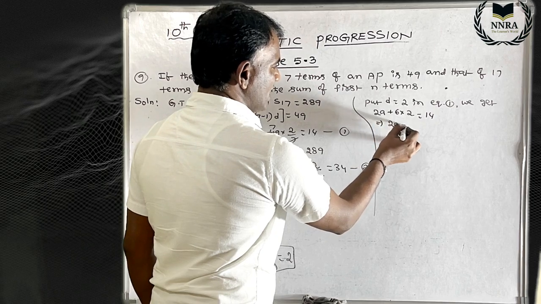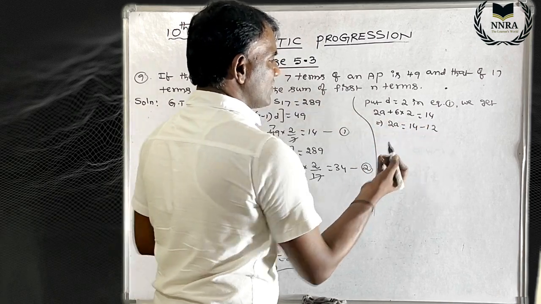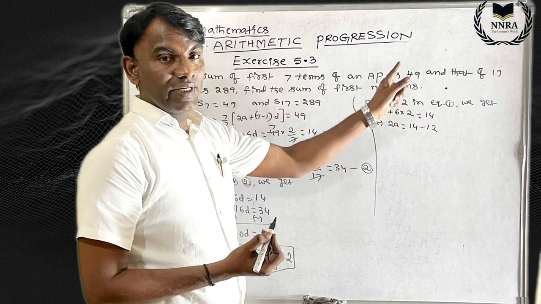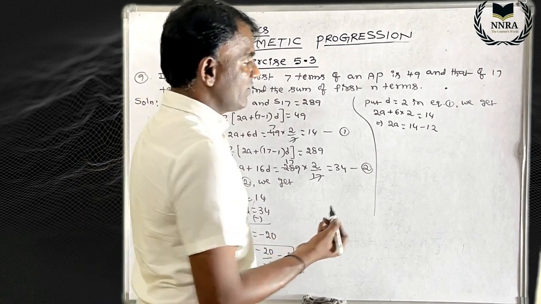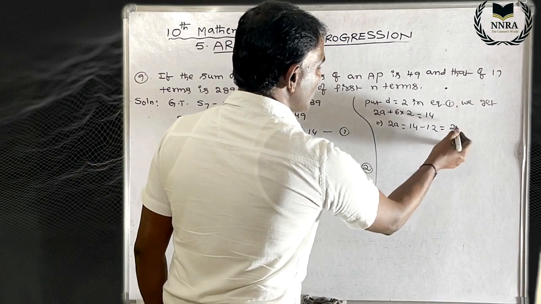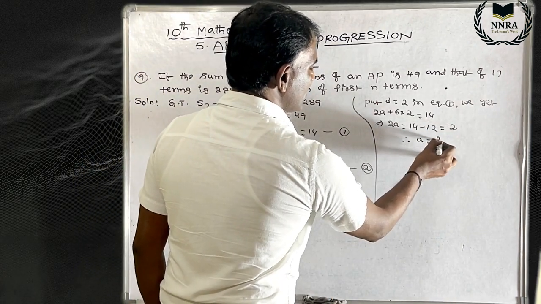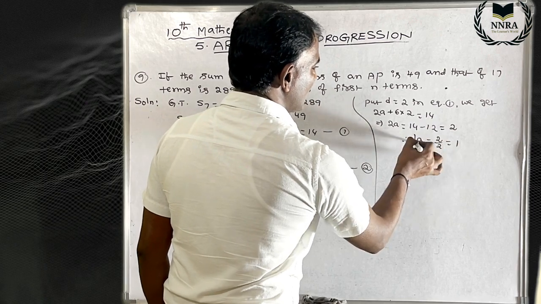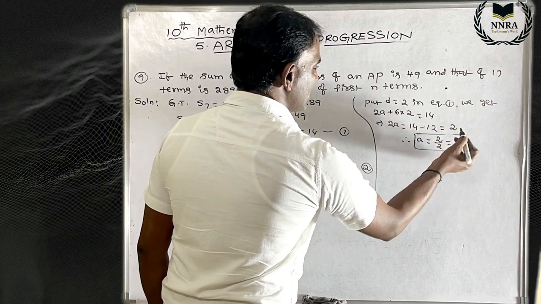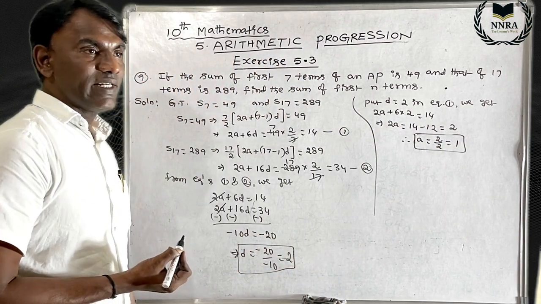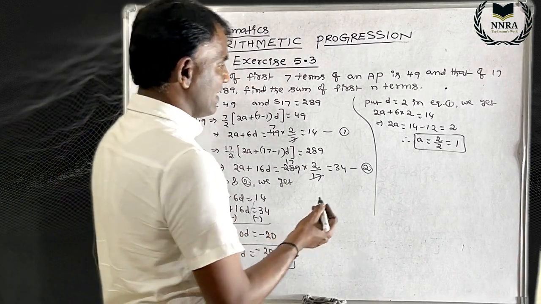So 2a equal to 14 minus 12. Actually it is 6 into 2, 12. If you write that side, we get minus 12. Then 14 minus 12 equal to 2. What is the value of a? That is 2 by 2 equal to 1. This is the value of a. Clear? Now d is 2, a is 1. Now we find Sn, right?